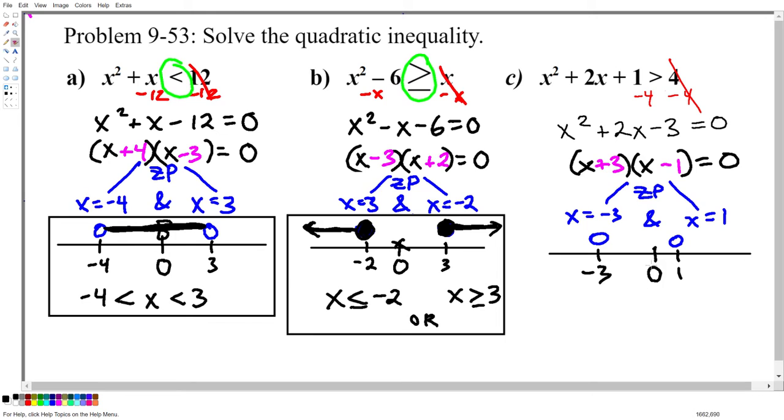The easy number we like to try out is 0. So let's plug in a number into our original equation. Let's try plugging in 0 for x, and let's see if we get a true statement.